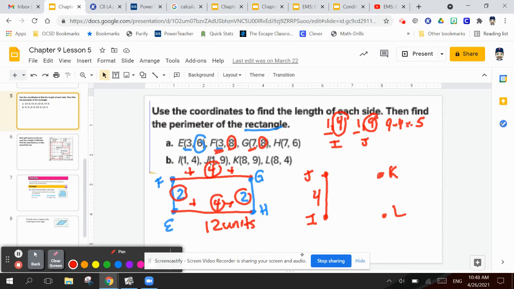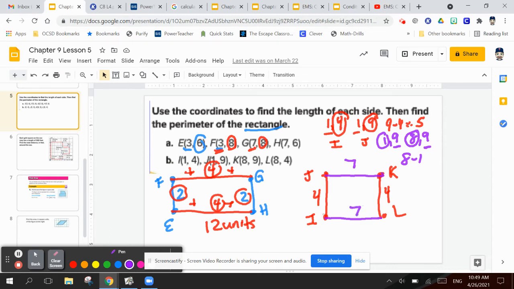Because it's a rectangle, I know the opposite sides are the same, so the other side has to be 5 as well. So when we talk about J to K, I have 1, 9 to 8, 9. Notice that my y's are the same, so I have to subtract 8 minus 1, which is 7. So from J to K is 7. So I also know I to L has to be 7 because they are congruent.